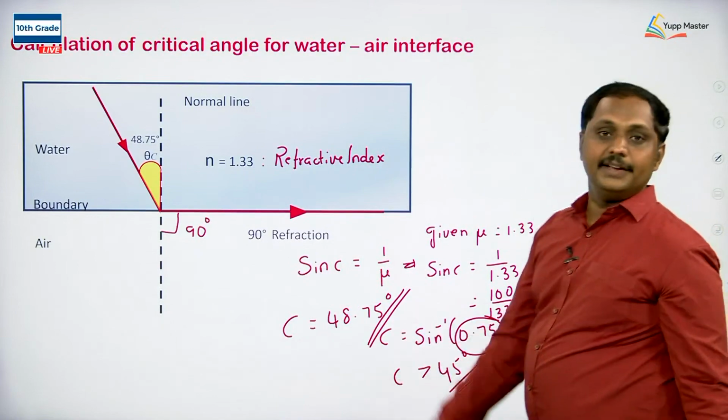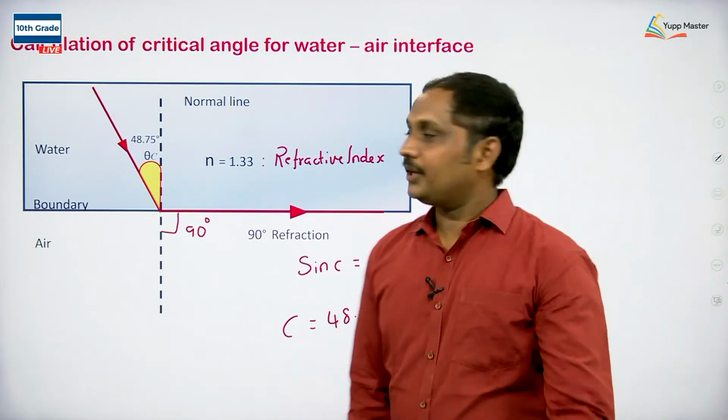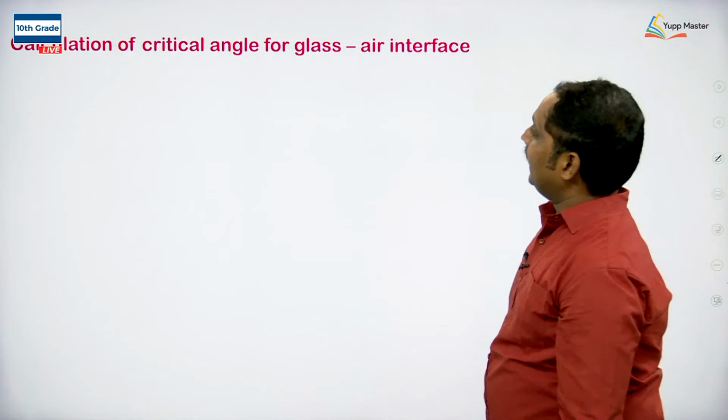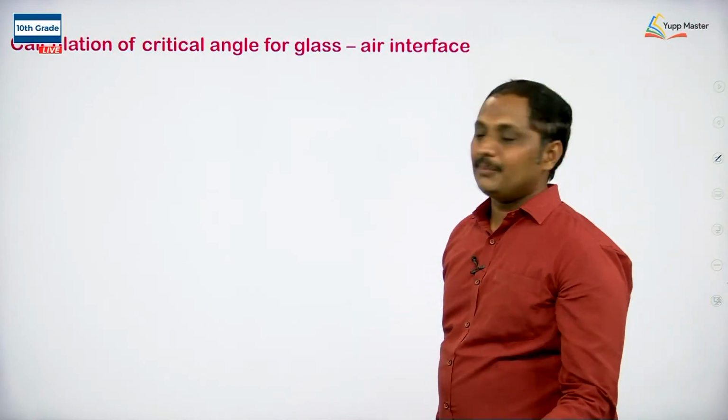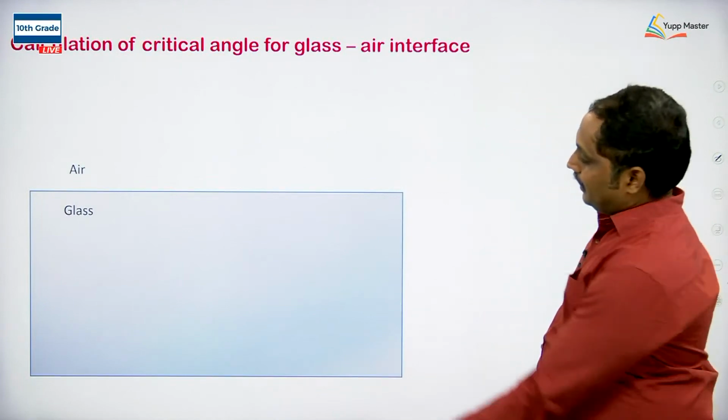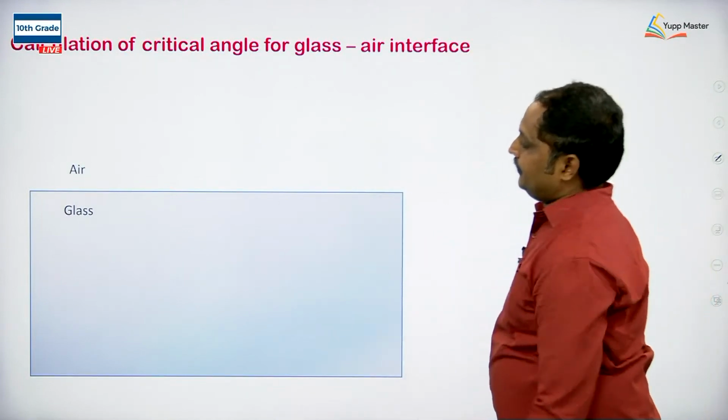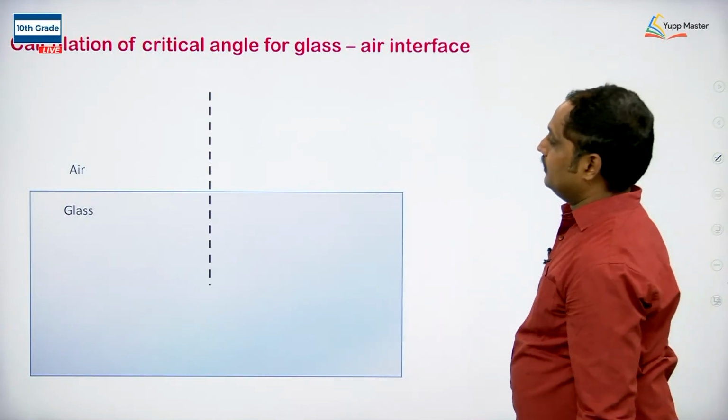This is the case, we can take that. Now, let us go for another calculation of critical angle for glass-air interface. The light rays enter from glass to air, and this is the normal.